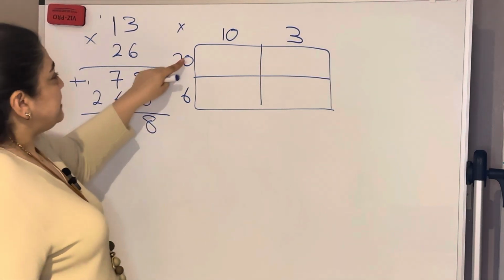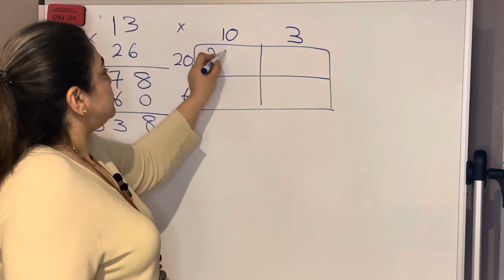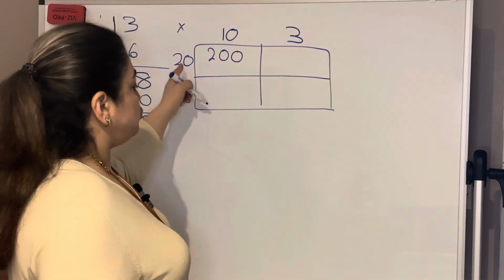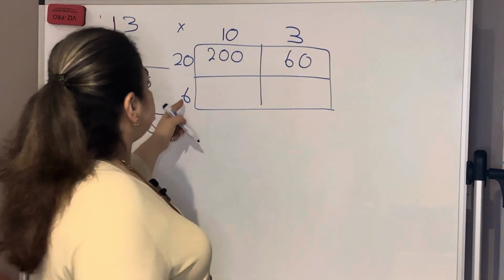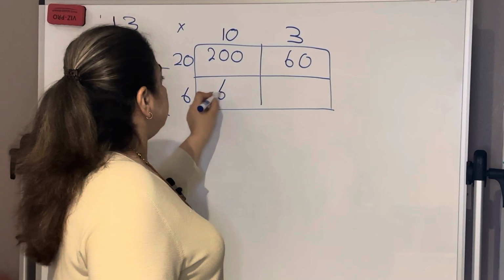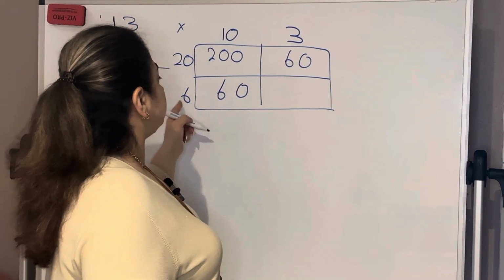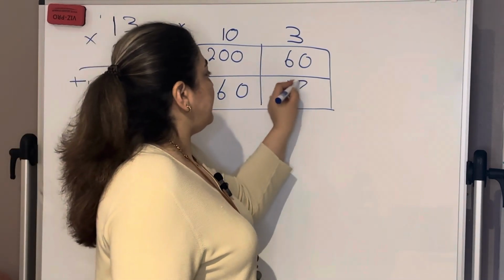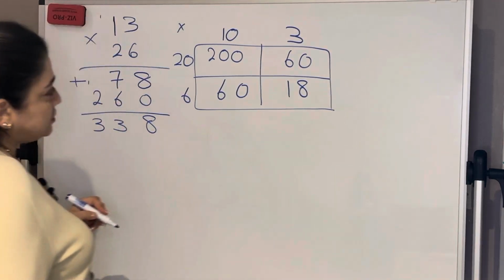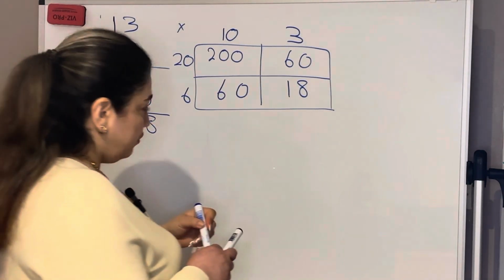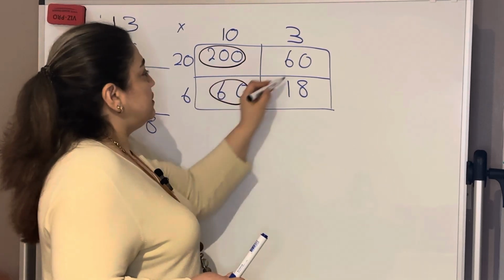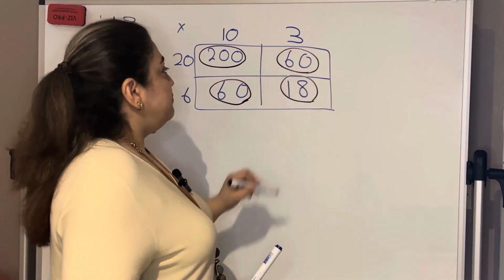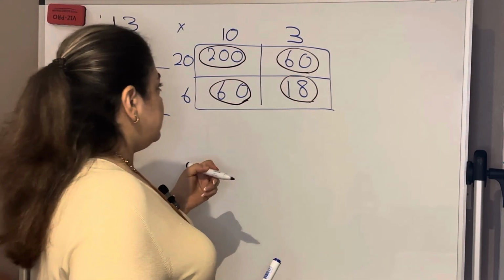So it is 20 times 10 is 200. 20 times 3 is 60. 6 times 10 is 60. And 6 times 3 is 18. After that, you need to add all of these numbers you found, and when you add them, you reach the answer you want.